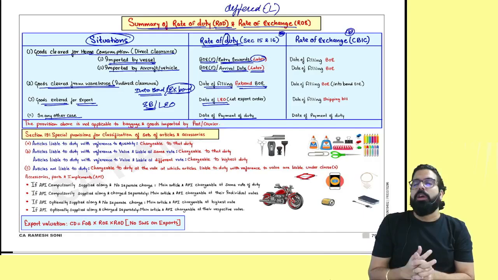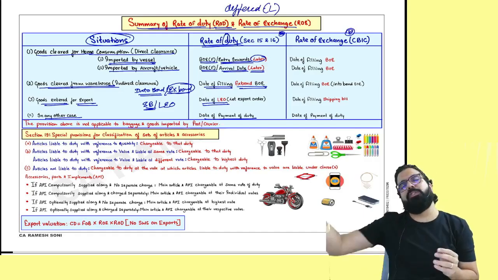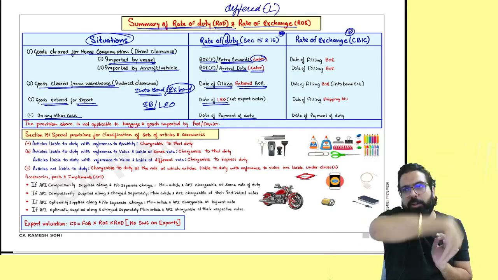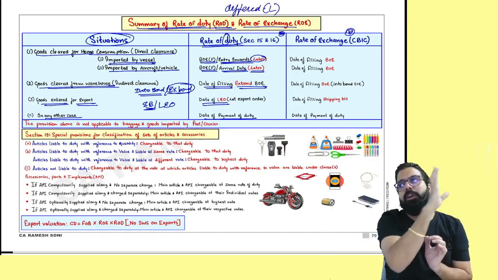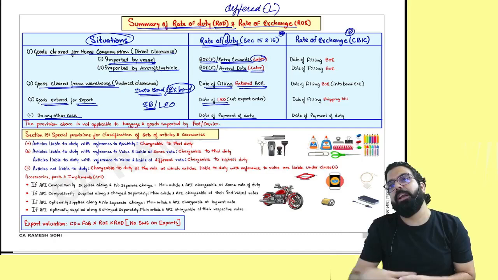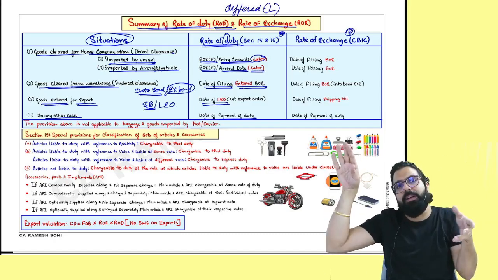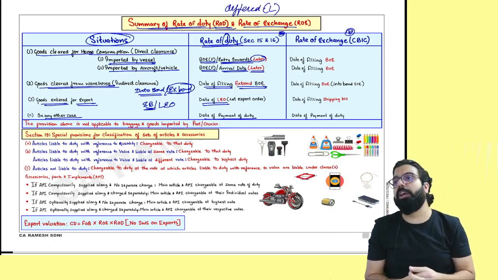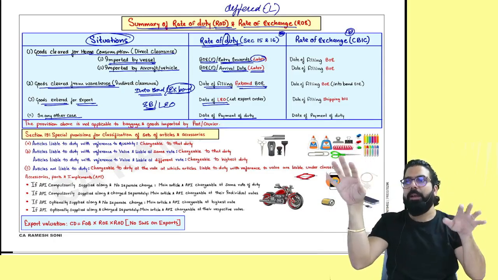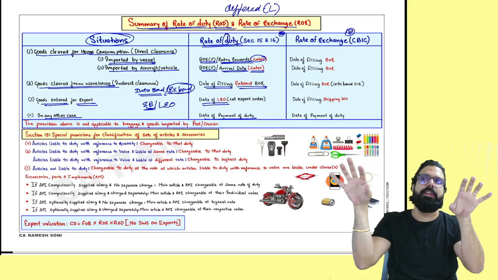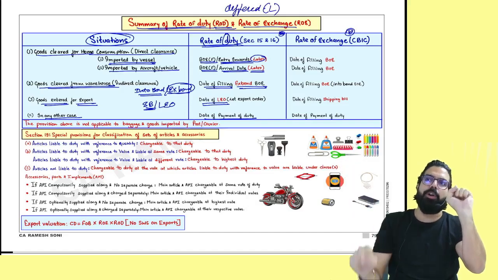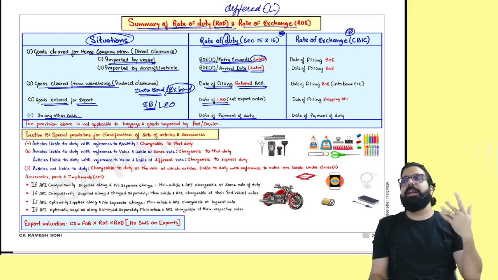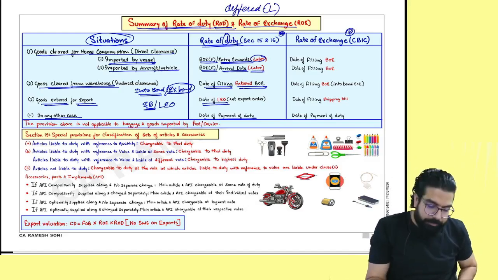In case of goods cleared for warehousing, first you send it to the warehouse, then you clear. When you clear, that is the ex-bond, that day's rate of duty will be taken. Bill of entry into or ex-bond. In case of export, first you file shipping bill, then let export order is given, which is later. Let export order. Duty is always deferred. Deferred means which is later. Any other case, date of payment.